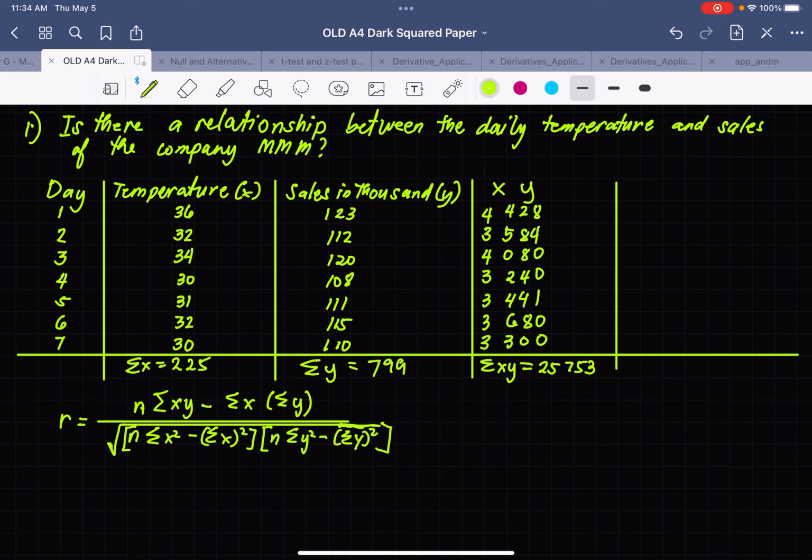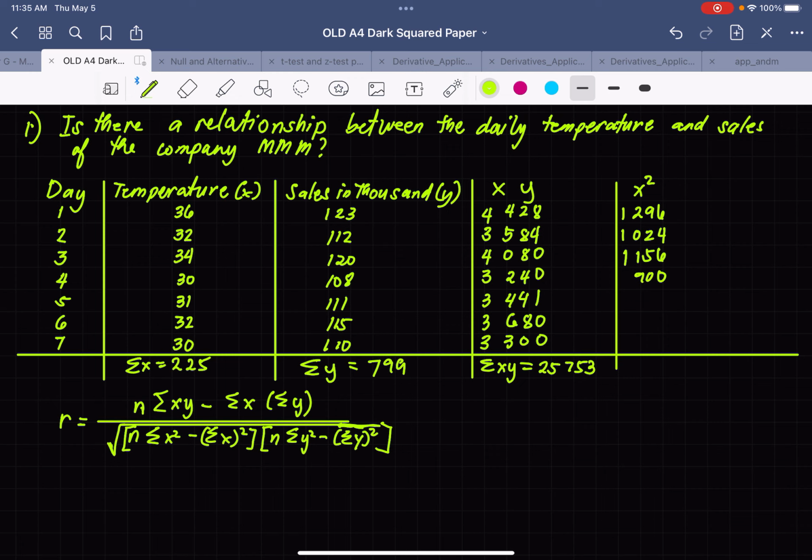Another column, we also need the square of x. So these are the values for x, and we need to square them. 36 squared, or 36 times 36, is 1,296. Next, 32 squared, or 32 times 32, is 1,024. Next, 34 squared is 1,156. Next, 30 squared is 900.